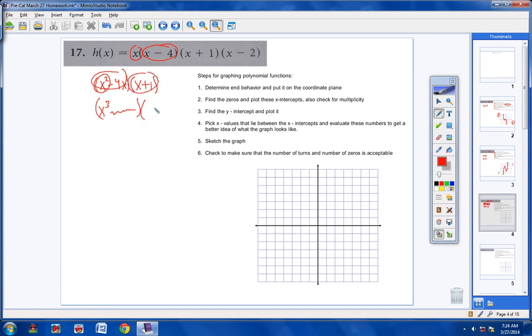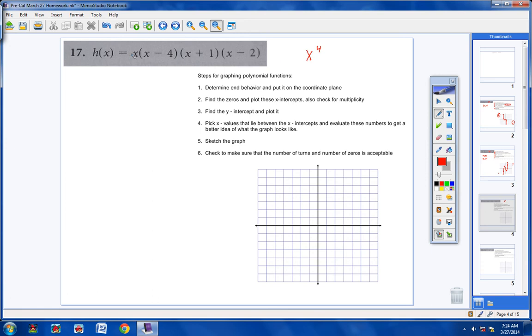And then when I take this group times x minus 2, this is my highest power in this group. This here is my highest power in this group. When I multiply those, I will get x to the 4th. So that's going to be pretty easy to see. I'm not going to write it in standard form, but I know my highest degree is going to be x to the 4th.